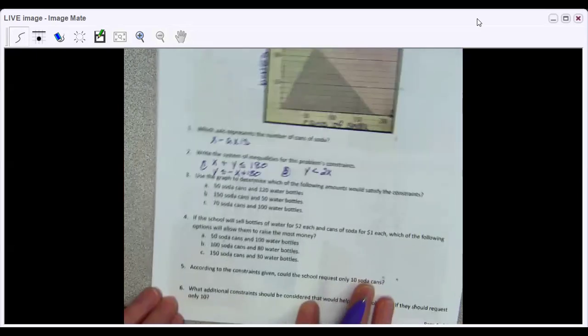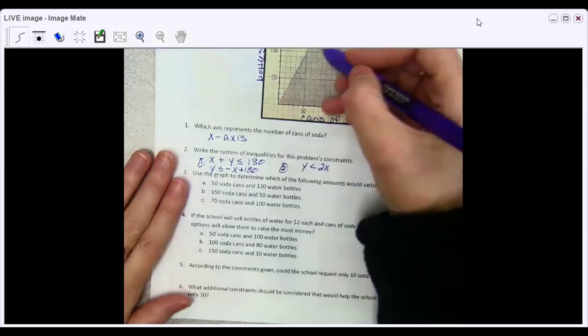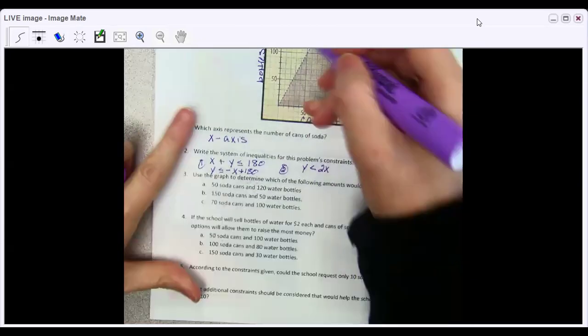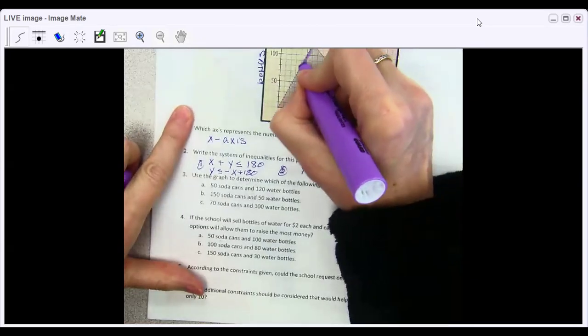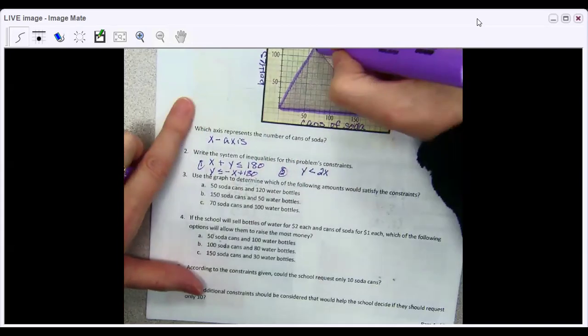Okay, let's go down to using the graph. Use the graph to determine which of the following amounts would satisfy the constraints. In order for it to satisfy the constraints, it must be within this double shaded area right here.